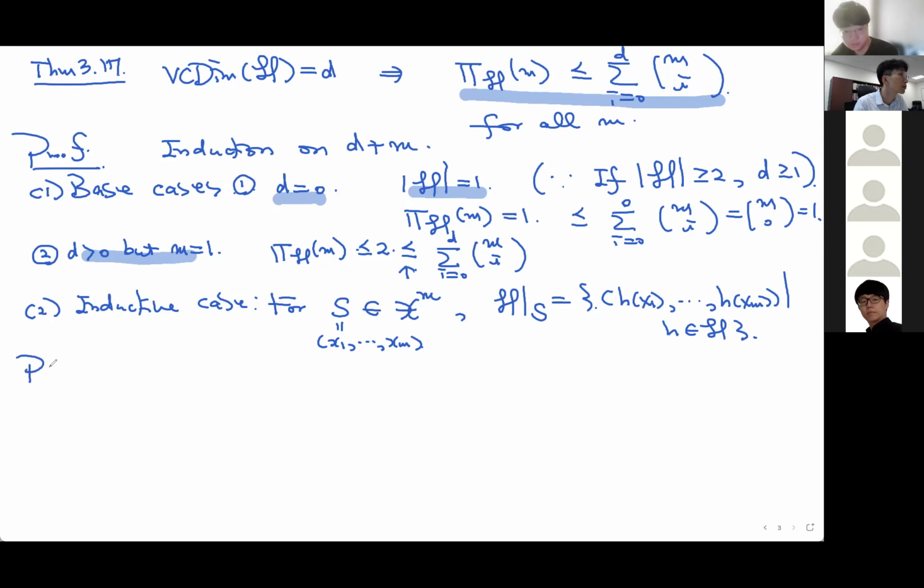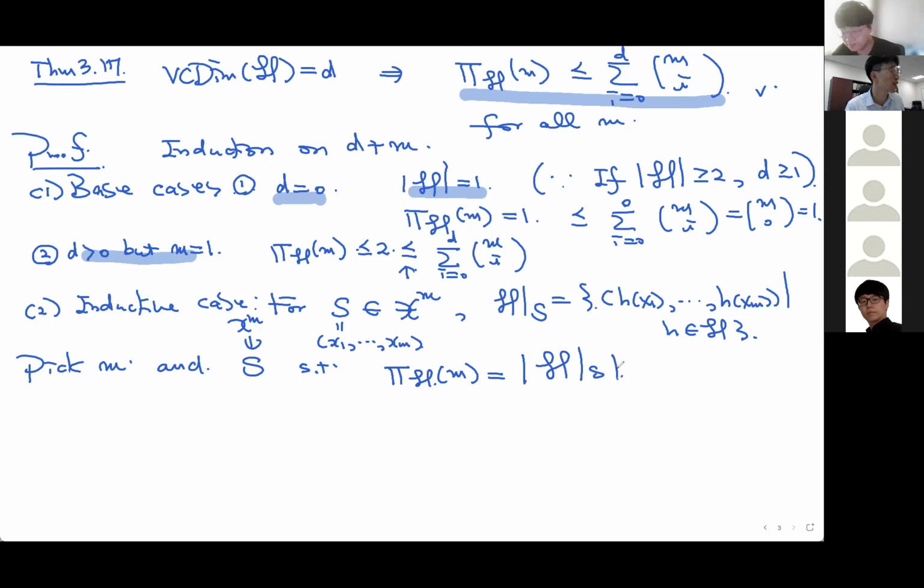To show this inequality, we pick m, and also pick S, a sequence of size m, such that the growth function Pi_H of m is equal to the size of H restricted to S. Let me take it back.